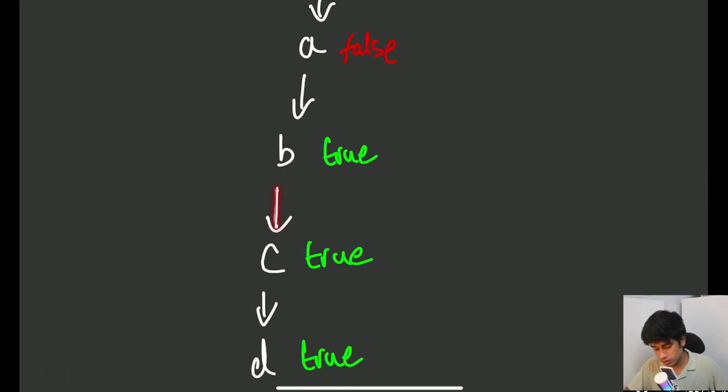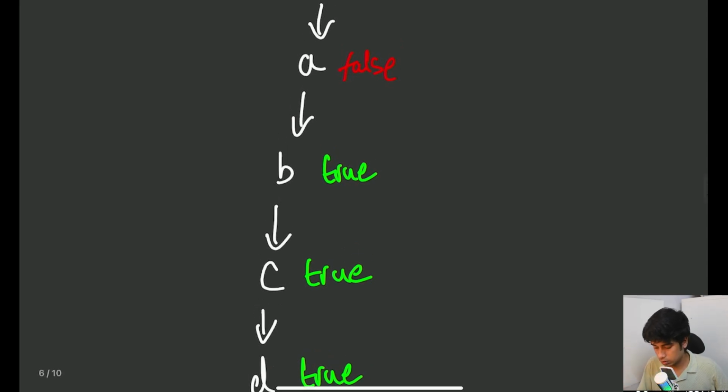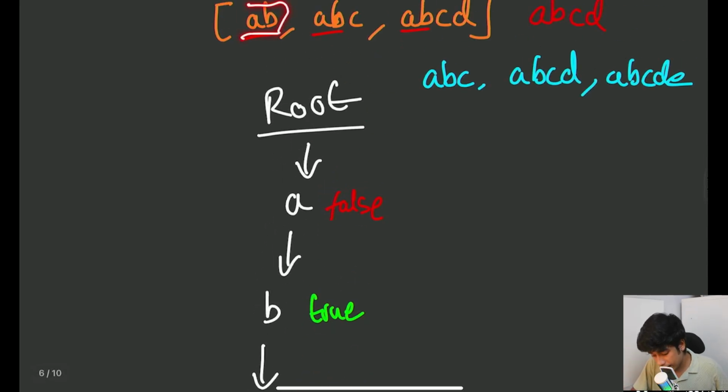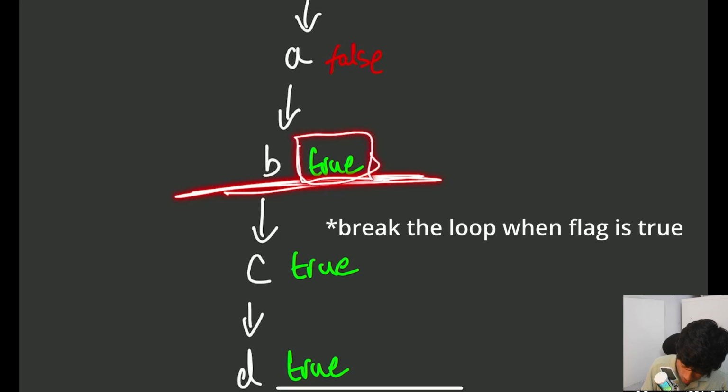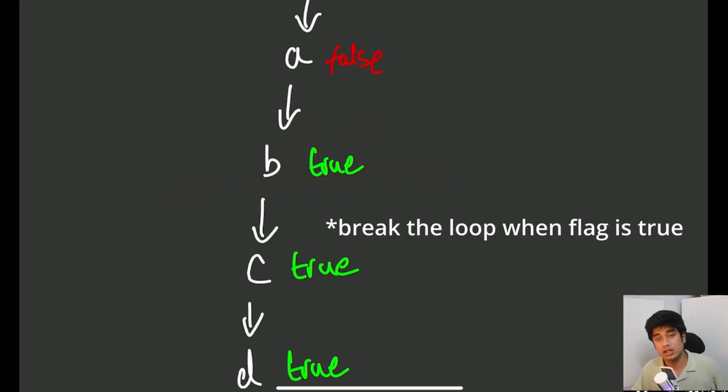Yes, the count is 1 since there's only one pointer. But my flag is true. That means this is a complete word that has been inserted into the list or our string array. So hence this will automatically be my common prefix. So I'll break the loop over here.